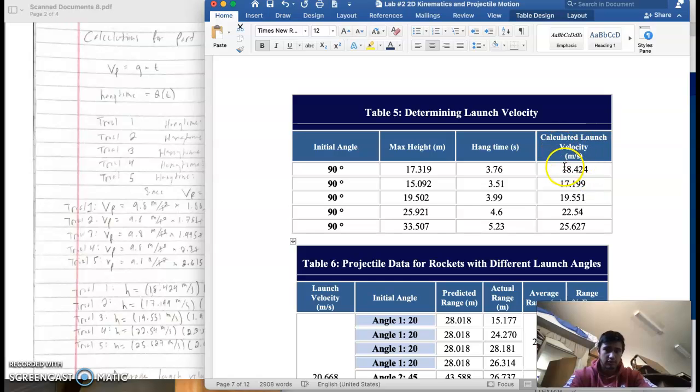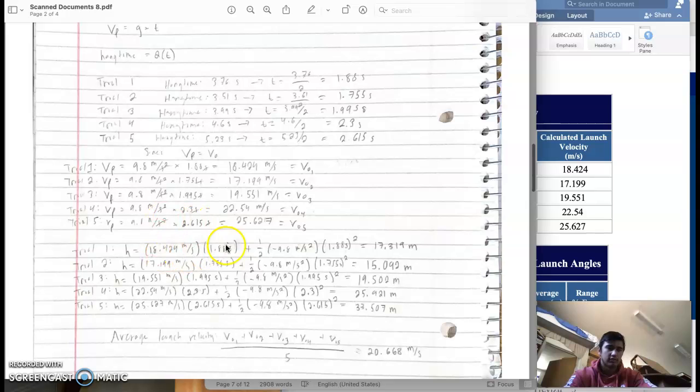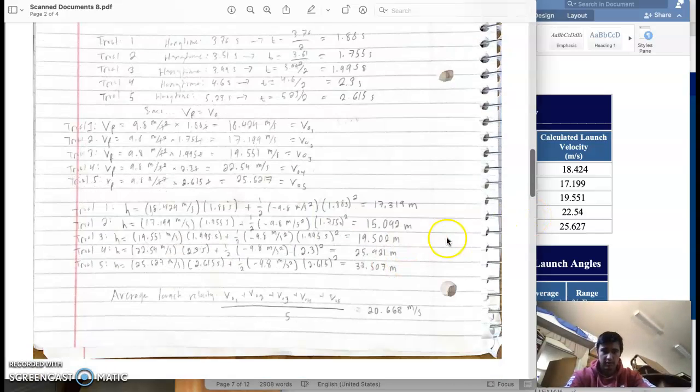So that's the calculated launch velocity, and then I got the height through the launch velocity times time plus a half times g times time squared, and that's how I got the height.